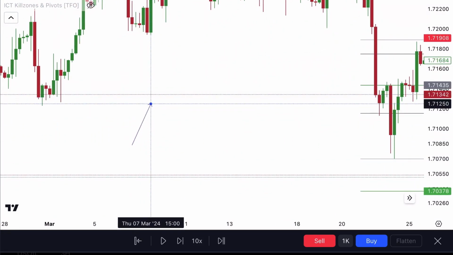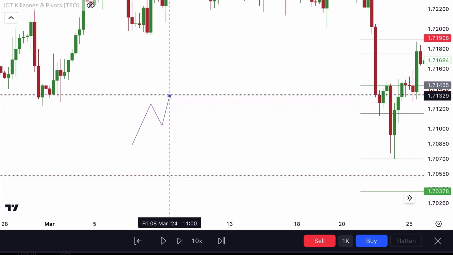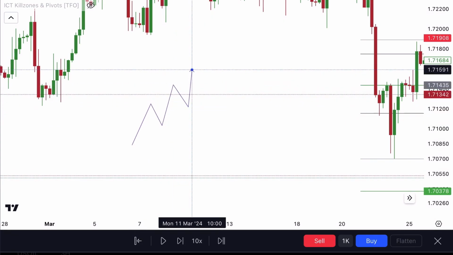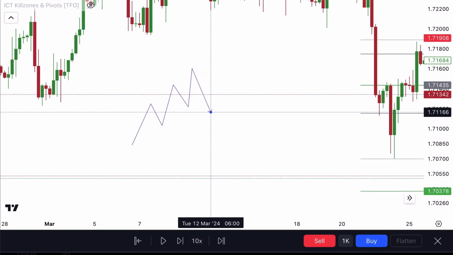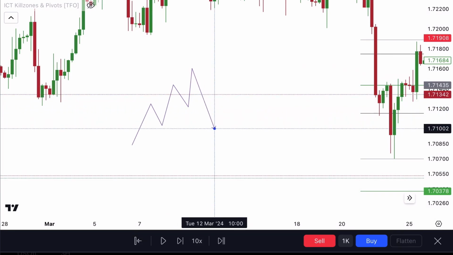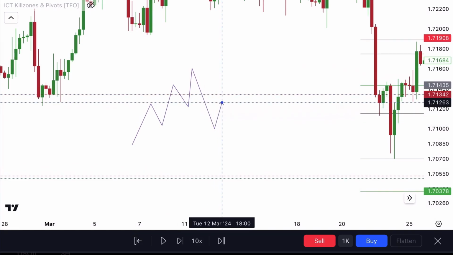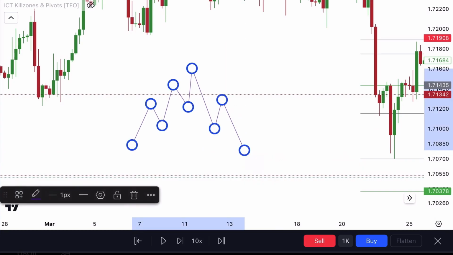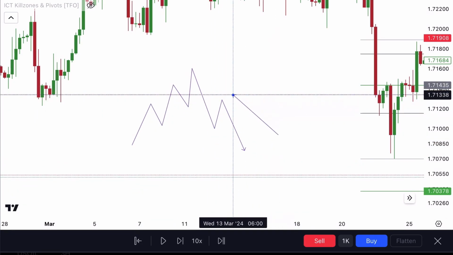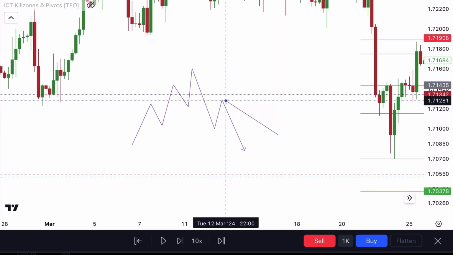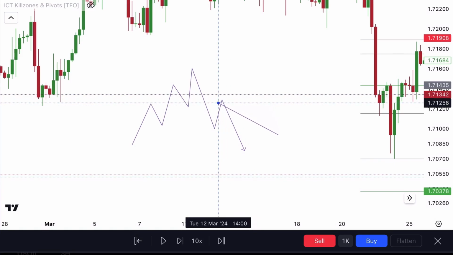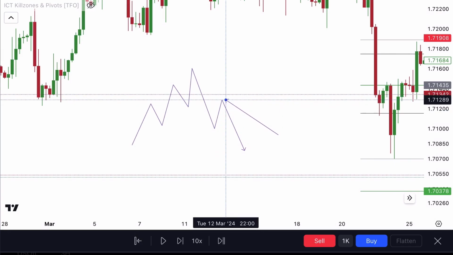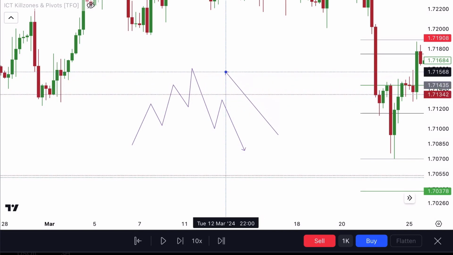So I will give you an example of what I mean. Say price was bullish, creating higher highs, higher lows, higher highs, and then price shifts structure, creating lower lows and lower highs. So right now we are looking to get in at this point right here, this lower high that was created. That means we have to put our stop loss at a protected level.